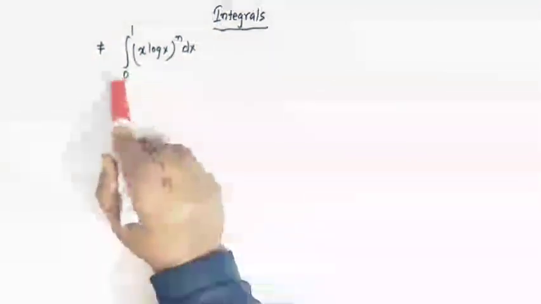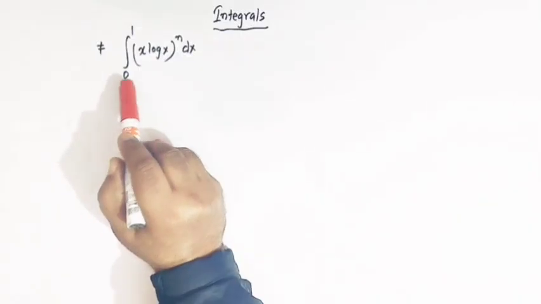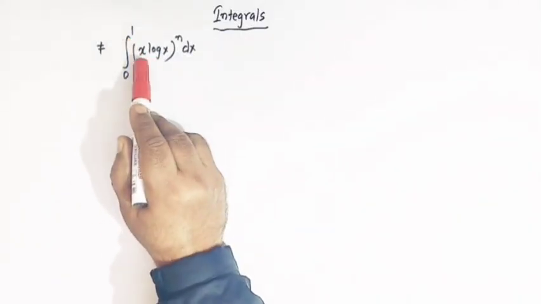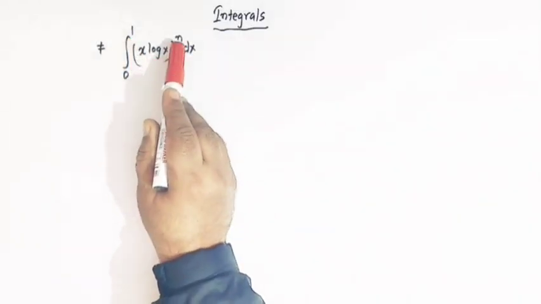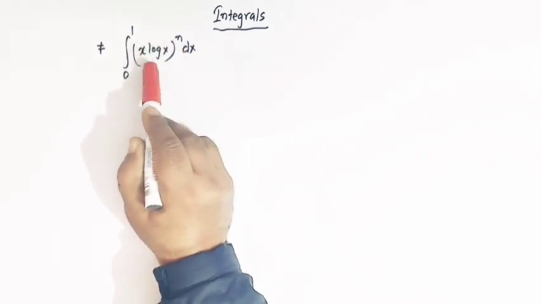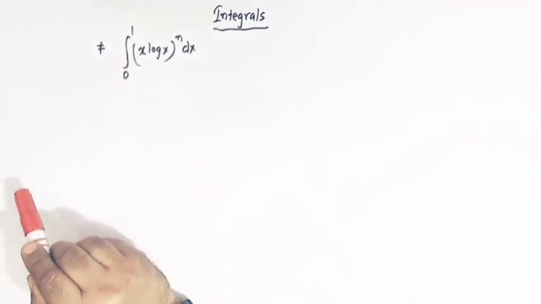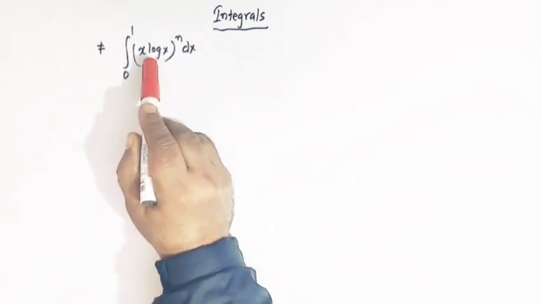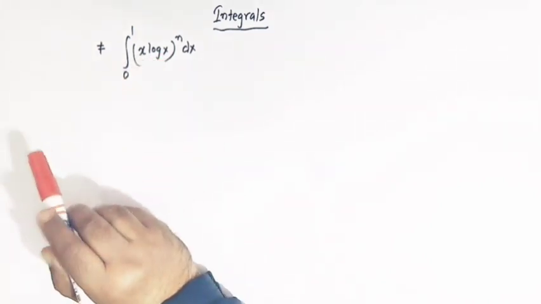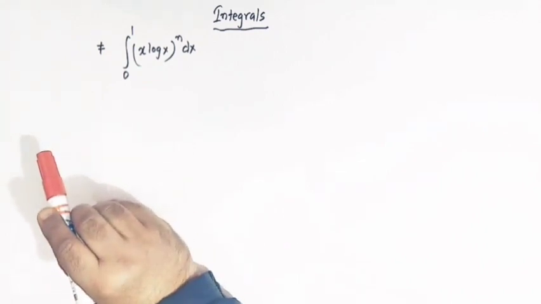So here we have to find the value of this integral from 0 to 1 of x log x raised to n, and remember here the logarithm is a natural log, so the base of this log is e, the exponential number.